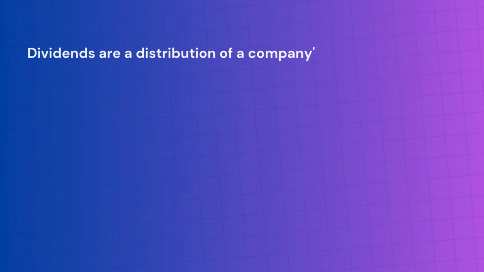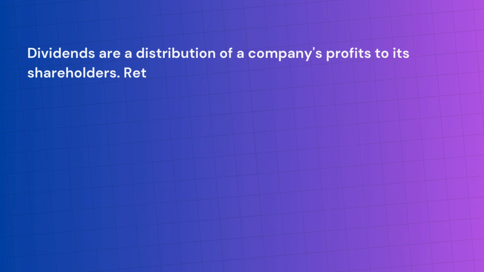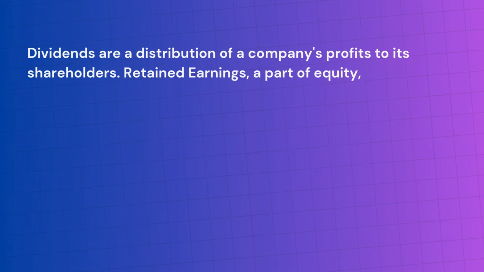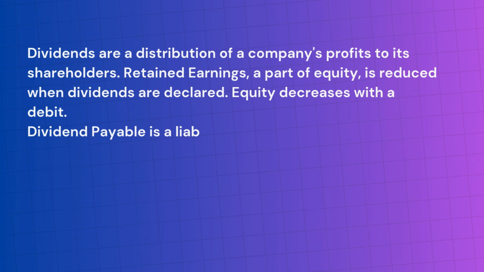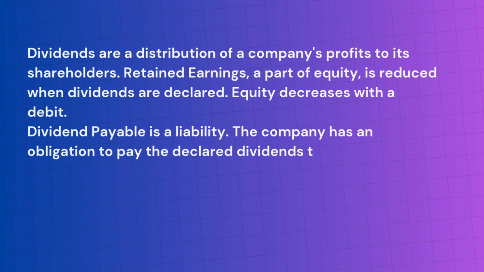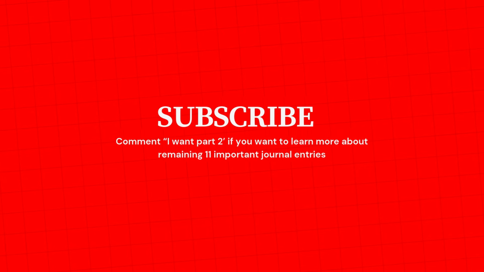Dividends are a distribution of a company's profits to its shareholders. Retained earnings, a part of equity, is reduced when dividends are declared. Equity decreases with a debit. Dividend payable is a liability. The company has an obligation to pay the declared dividends to shareholders. Liabilities increase with credit. So that's it for today's video.